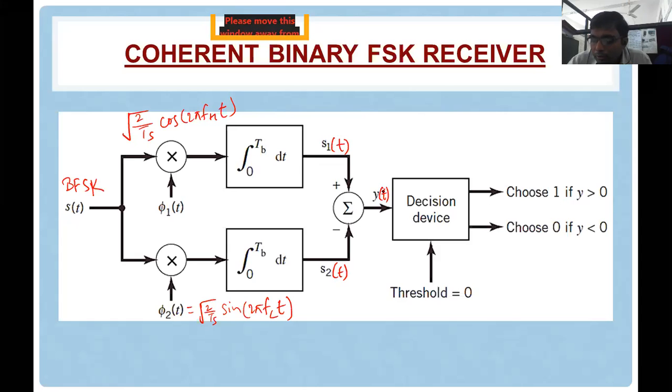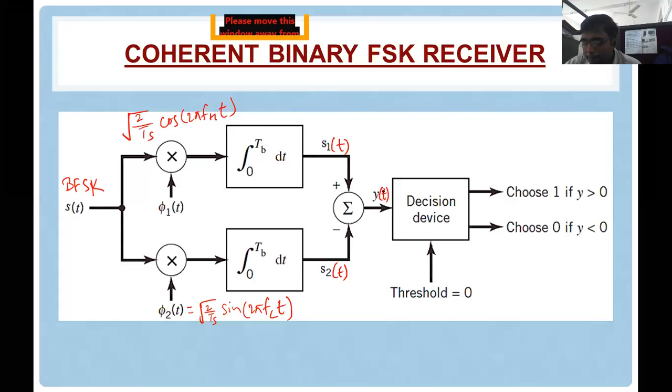These correlators are supplied with the locally generated carriers, phi 1(t) and phi 2(t). If the transmitted frequency is FH, then the output S1(t) is generated. If the transmitted frequency is FL, then the signal S2(t) is generated.